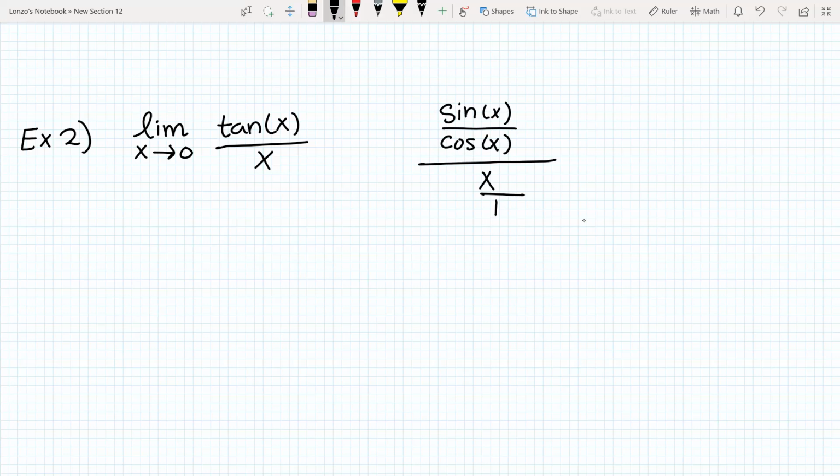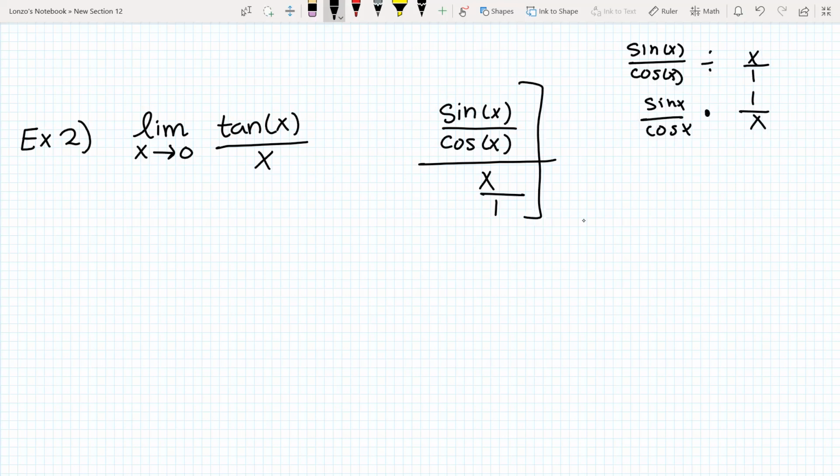By the way, if you don't feel comfortable doing the bracket method, you can do it this way. You could do sine of x over cosine of x divided by x over 1. Then you can change this divide sign to multiplication, and you would have to flip this. I'm just used to doing the bracket method.